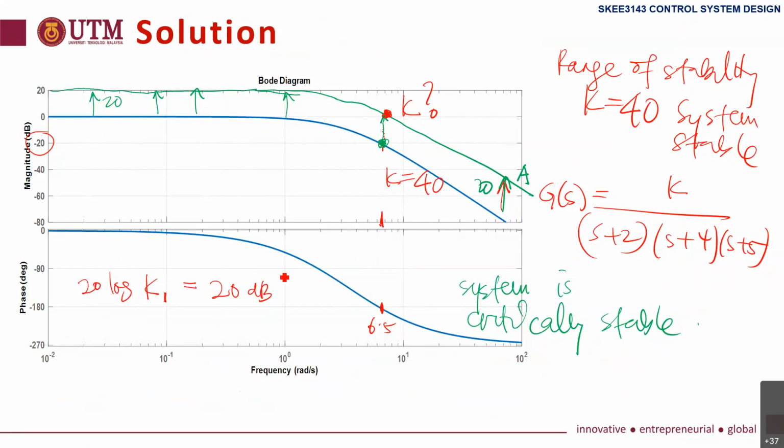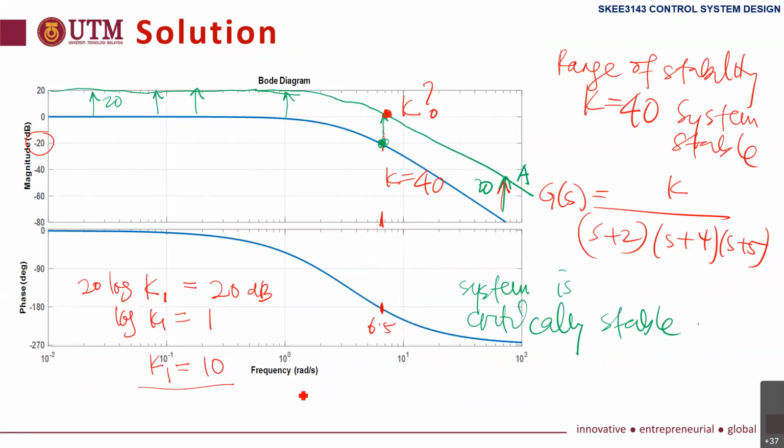That means I want to find K that increases the gain by 20 dB. Then log K1 equals 20 over 20, which is 1, and K1, of course, if you take the anti-log, is 10. So if we use K1 of 10, it will increase by 20 dB.